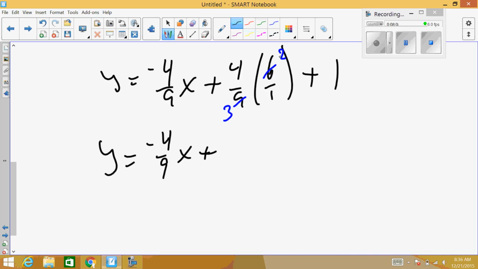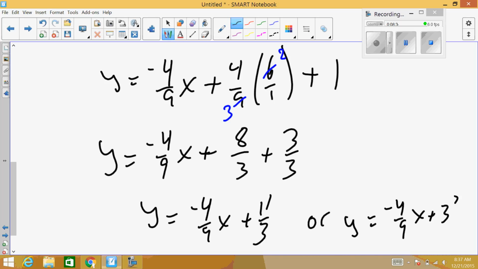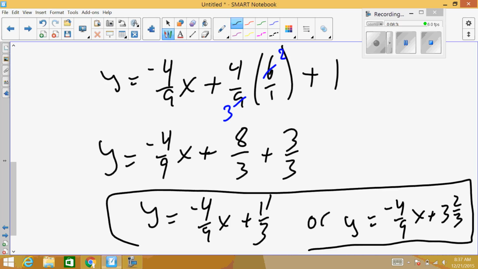So 4 times 2 is 8 over 3, plus 1 would be 3 over 3. Negative 4/9 x plus 11/3. Or if you'd like to change this into a mixed number, y equals negative 4/9 x plus 3 2/3. And we've got an equation of our line using point-slope form.